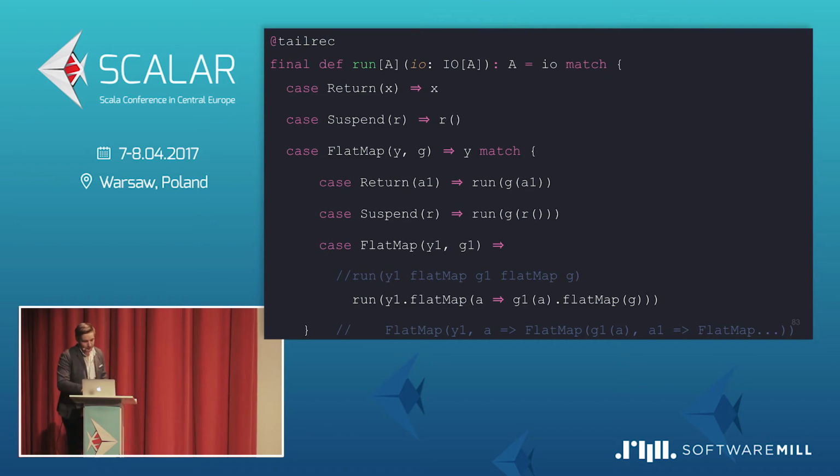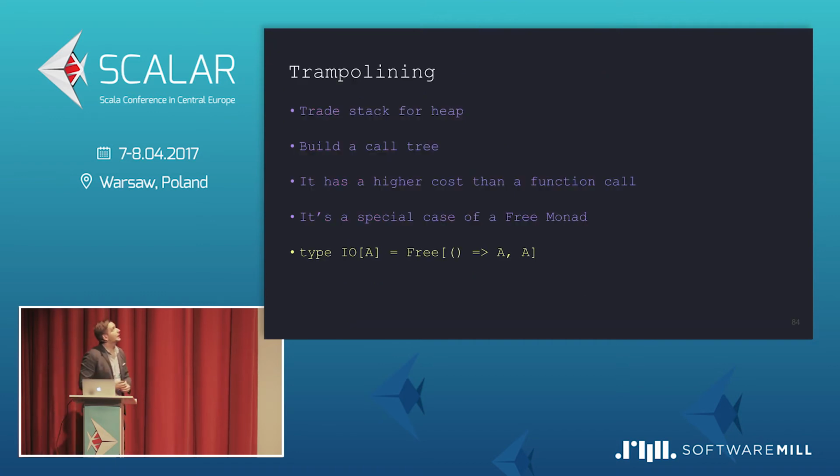And this is actually something that is very common. This is called trampolining. What we do here is trade stack for heap. Instead of doing calls, we're creating data structures, and when we call that data structure, it returns control back to us. So it builds a call tree, let's call it that.